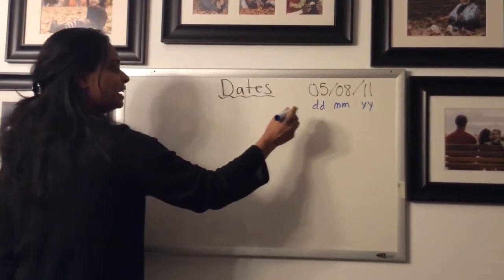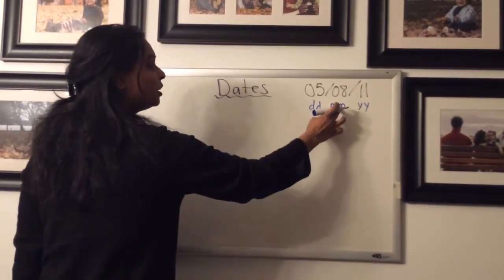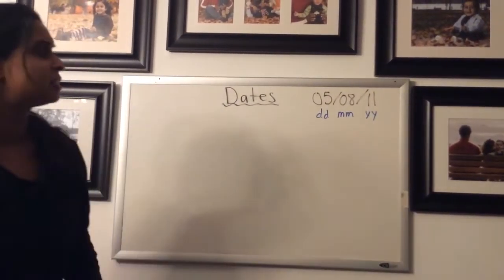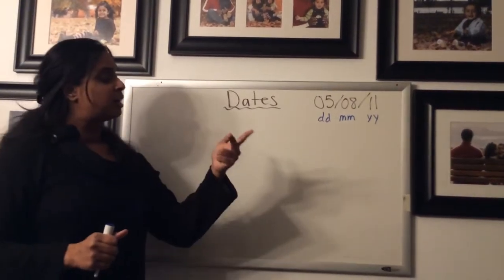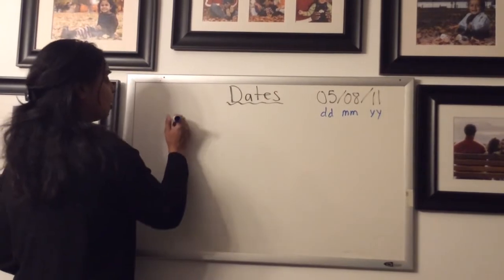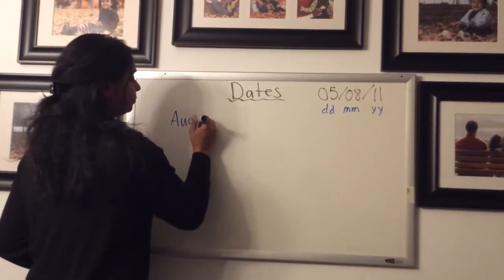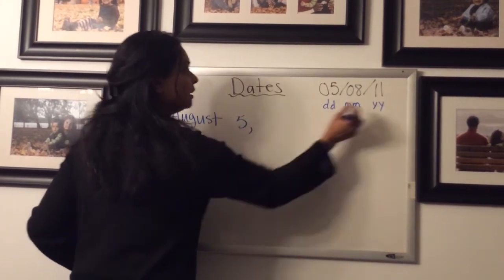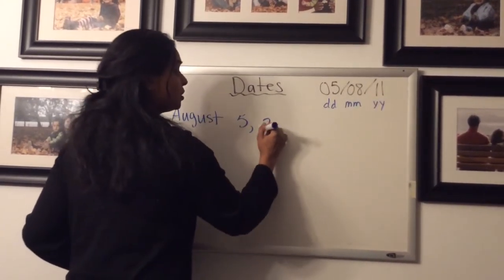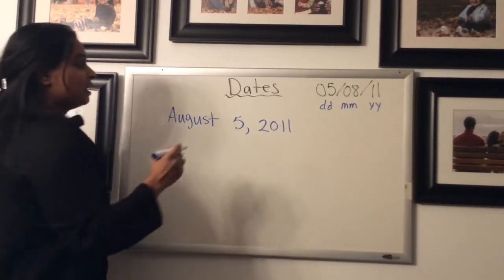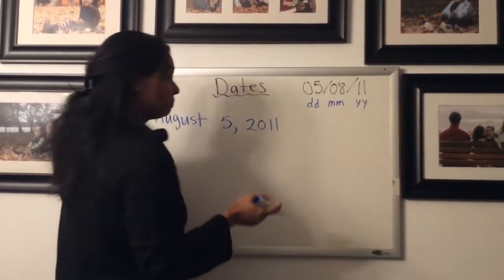So if that's the case, then the date, now when we tell the date, we always start with the month. So that would mean the 8th month. January, February, March, April, May, June, July, August. So this date could be August 5th, and then it could be 2011.